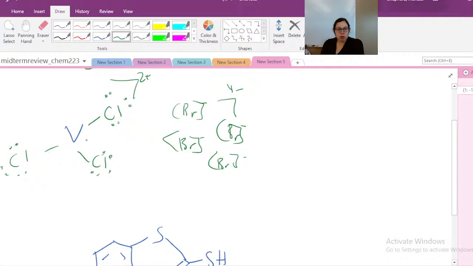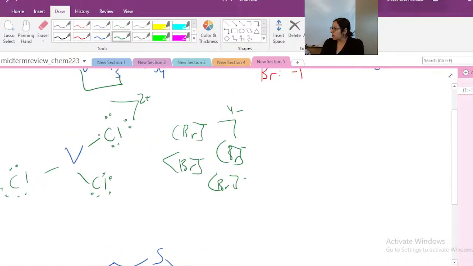This may or may not be the correct geometry; I just based it off of the VSEPR structure. But again, we haven't gotten to transition metal chemistry, so we'd have to look at other ways to analyze it as well.